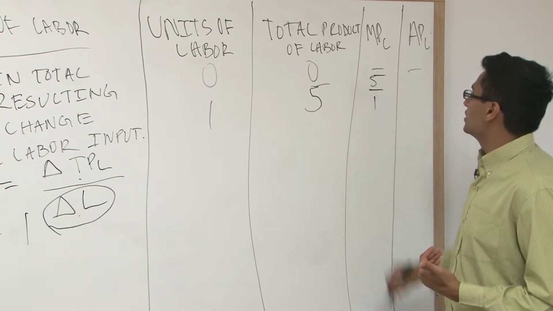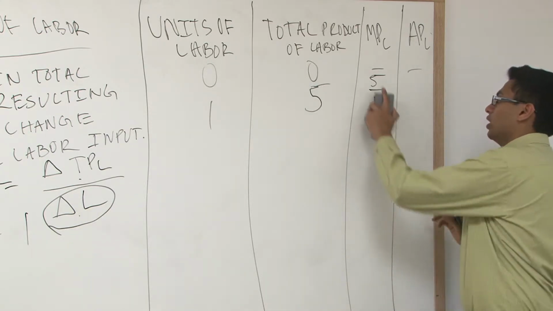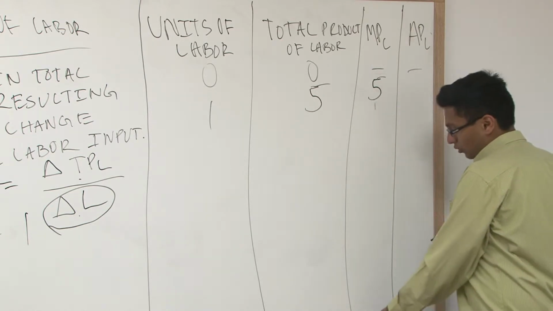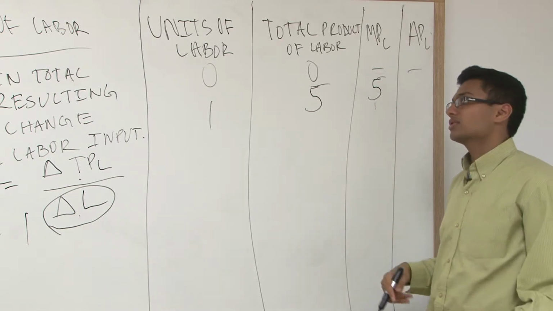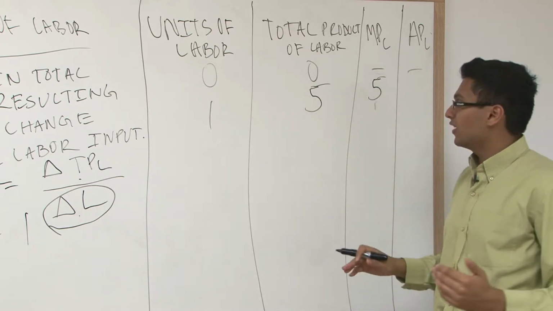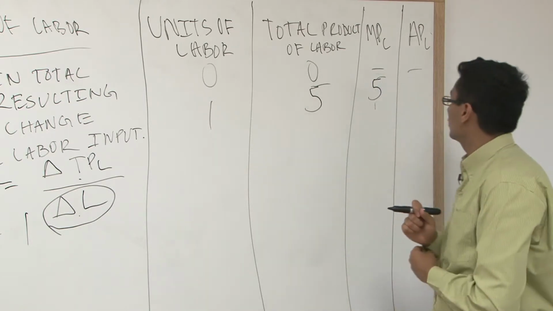So 5 over 1 is 5, so my MPL is 5. My APL, my average analysis, takes the total product of labor, which is 5, and divides it by the labor, which is 1. That also gives me 5.